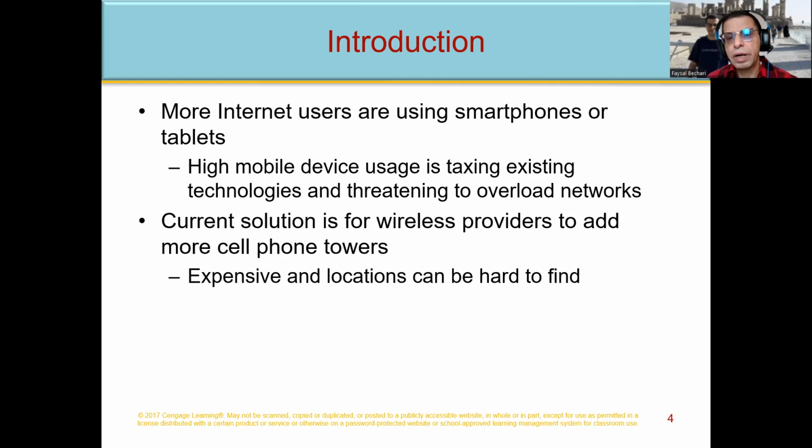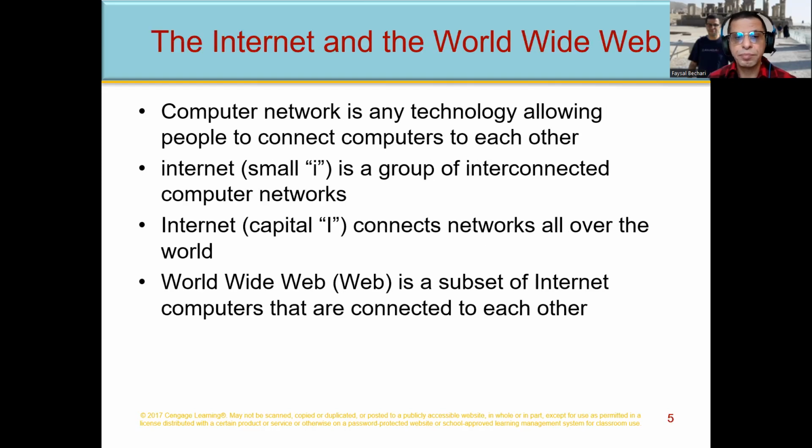High mobile device usage is taxing existing technology and threatening to overload networks. The current solution is for wireless providers to add more cell phone towers. We'll talk about that. It's expensive, and locations can be hard to find.